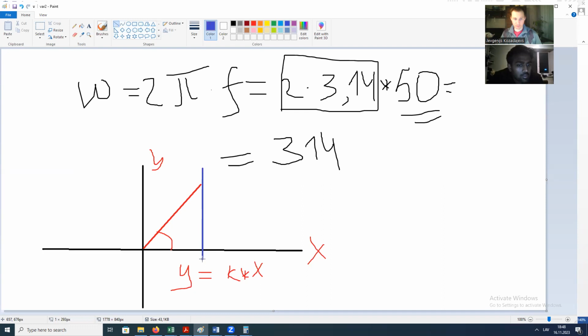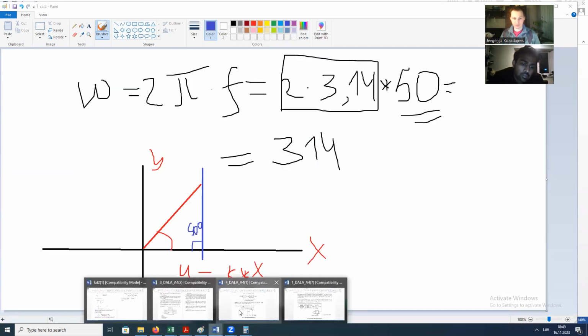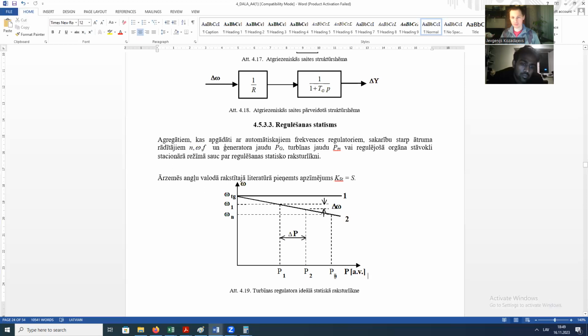We could construct a triangle with this angle of 90 degrees. In this case, this coefficient shows this angle for us. And if we come back to this scheme, this coefficient, what we call a K static, represents this curve.